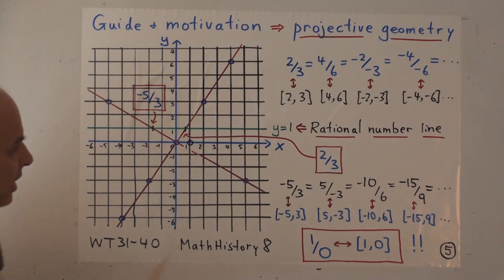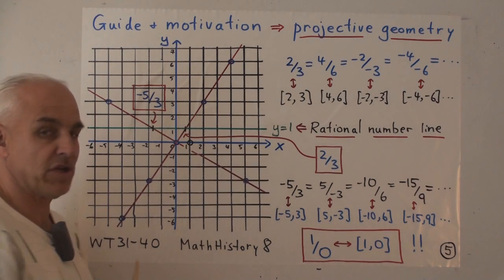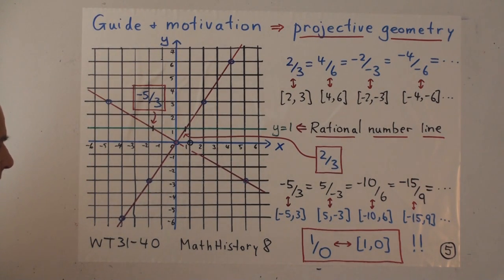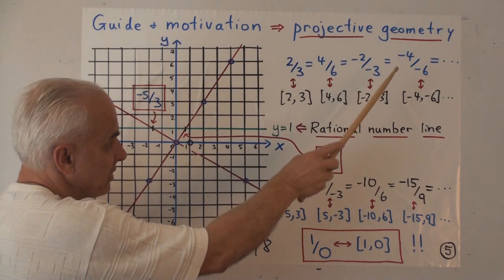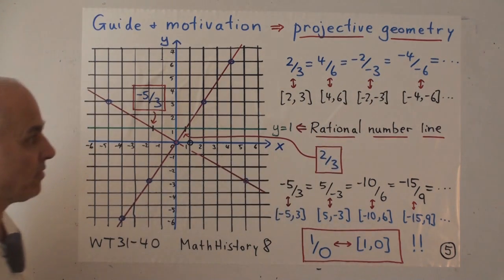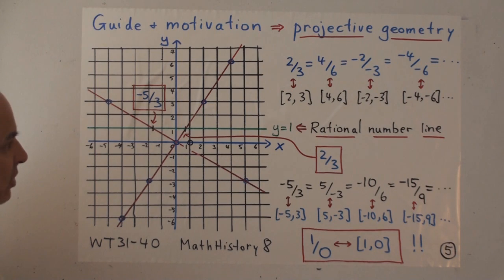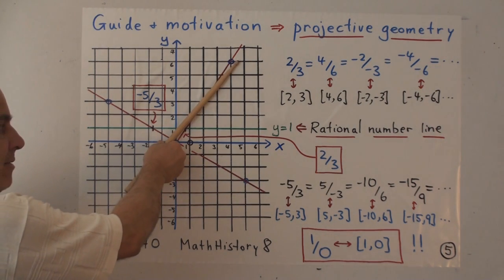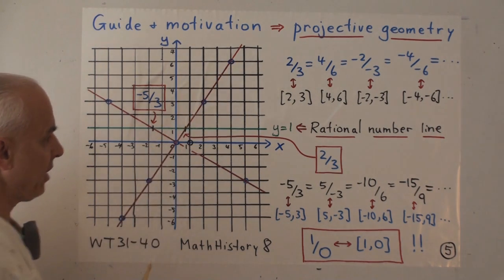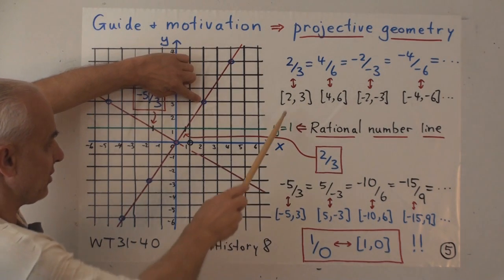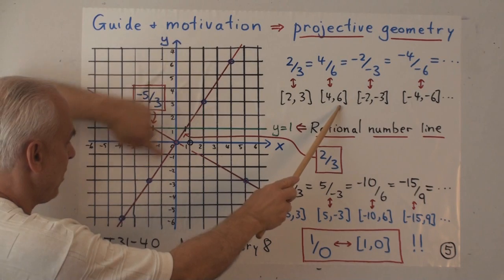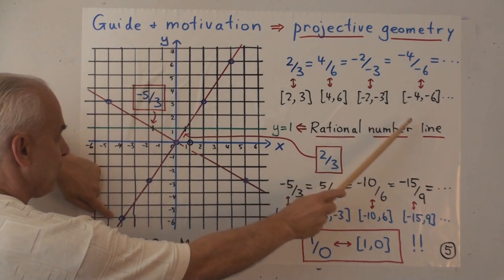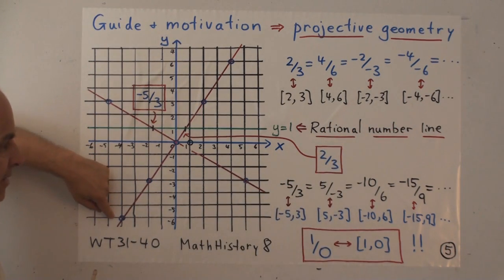So for example, the rational number 2 over 3, which of course is the same as 4 over 6 or minus 2 over minus 3 or minus 4 over minus 6, can be associated with this line. On this line, there are these integral points. There's 2, 3, there's 4, 6, there's minus 2, minus 3, there's minus 4, minus 6.